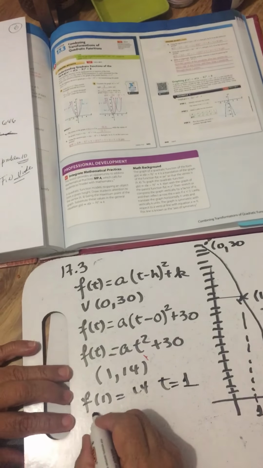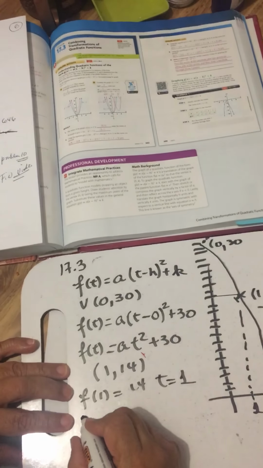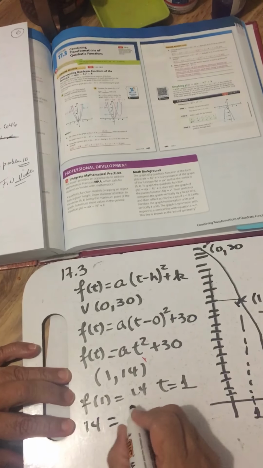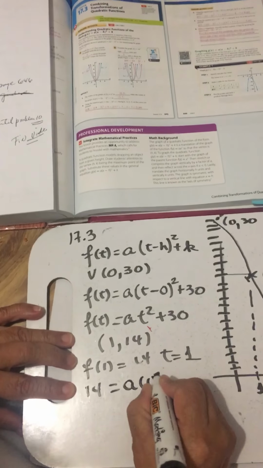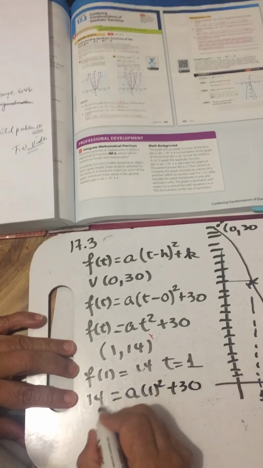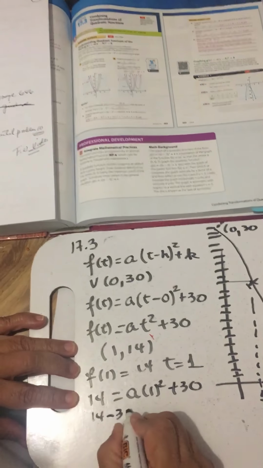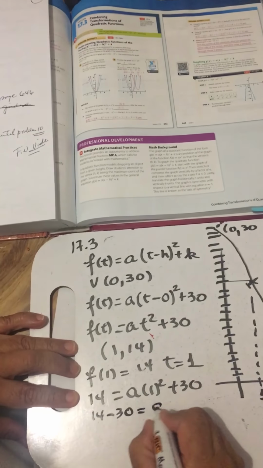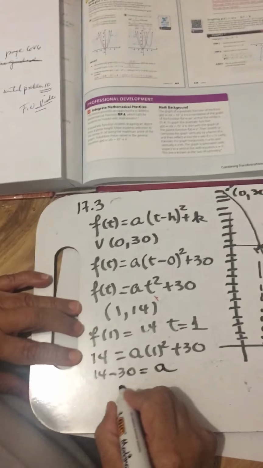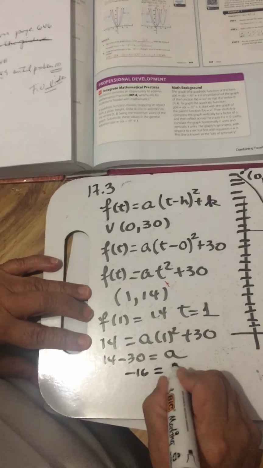Then we substitute the values to obtain a. Then it's going to be 14 equal a times 1 squared plus 30. Then 14 minus 30 is going to be a. Then minus 16 is going to be a.